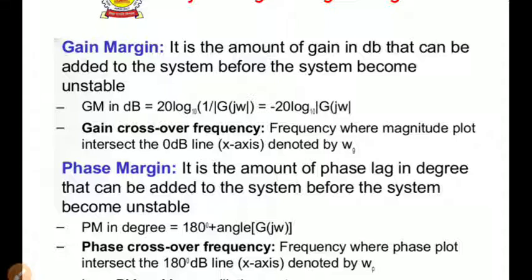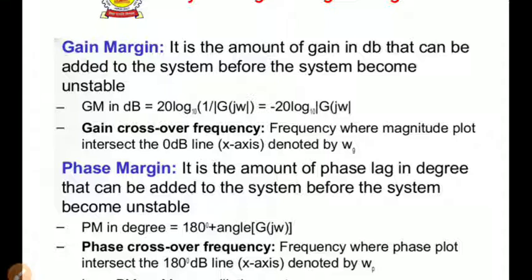It is the amount of phase lag in degrees that can be added to the system before the system becomes unstable. Phase margin in degrees can be written as 180 degrees plus angle of G(jω).